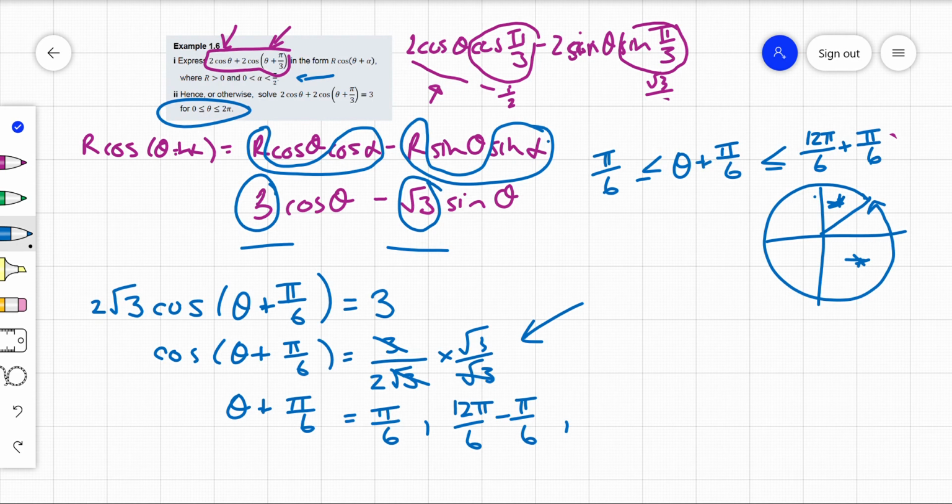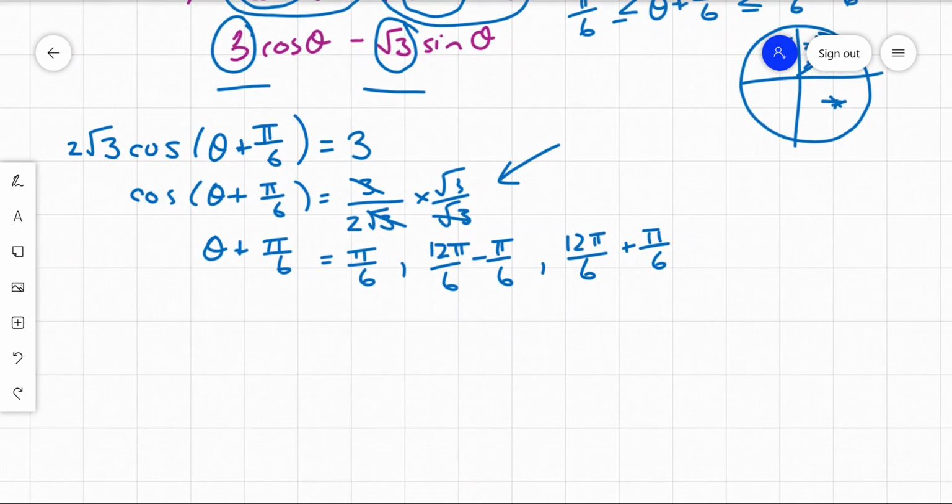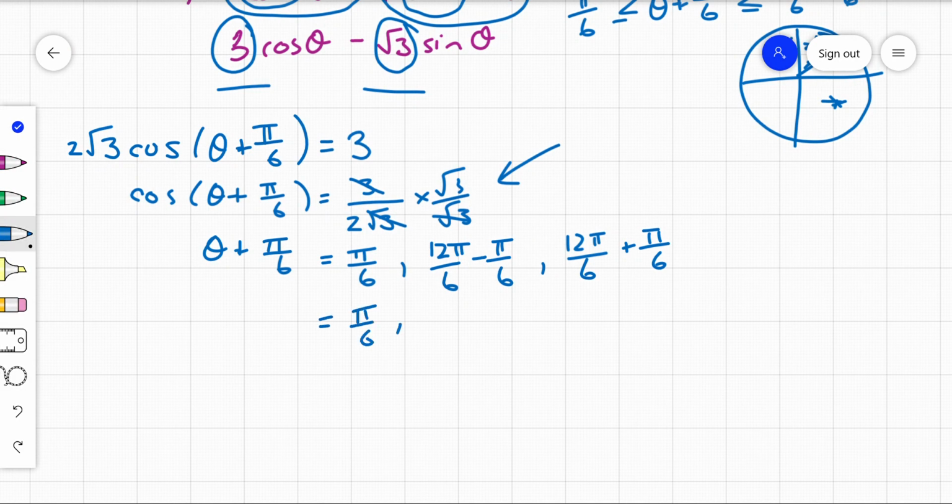If I keep going into the next quadrant, I'm adding 2 pi to this pi on 6, so 2 pi plus pi on 6. That gets me right back on here. So really I've got pi on 6, 11 pi on 6, and 13 pi on 6.